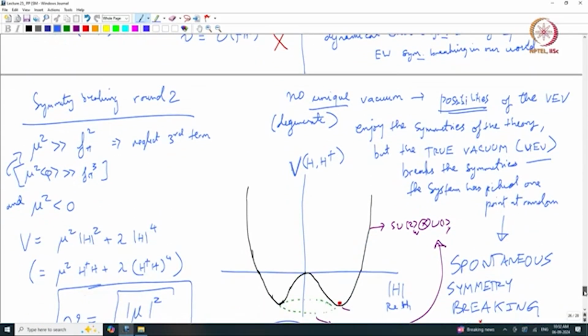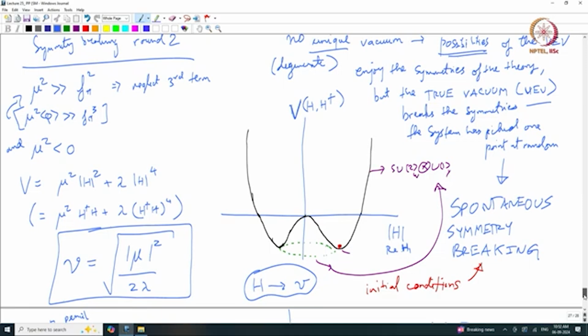So, we took a somewhat non-intuitive route that nature has actually taken, which is spontaneous symmetry breaking, in particular via a mass square term in the potential that is actually negative, right.